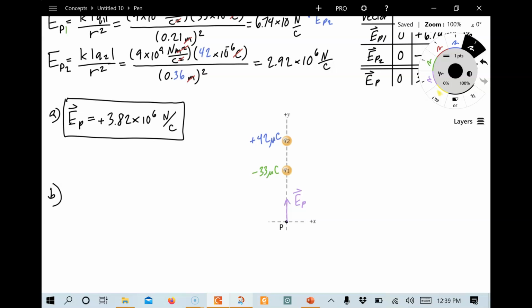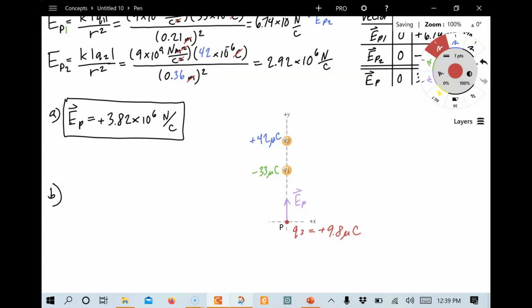So in this case, we're asked, let's put a third charge, Q3, at point P and figure out what force it experiences. Okay, here's my third charge. I'm going to place it there, Q1, Q2, the source charge is still there. Q3 is equal to plus 9.8 microcoulombs.